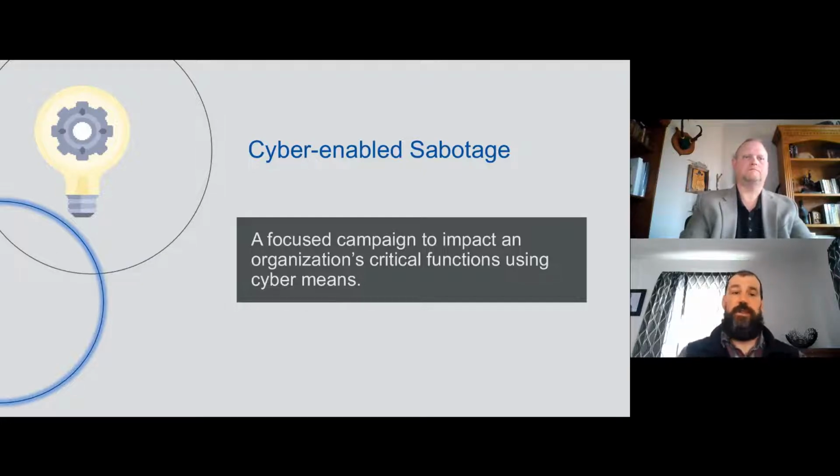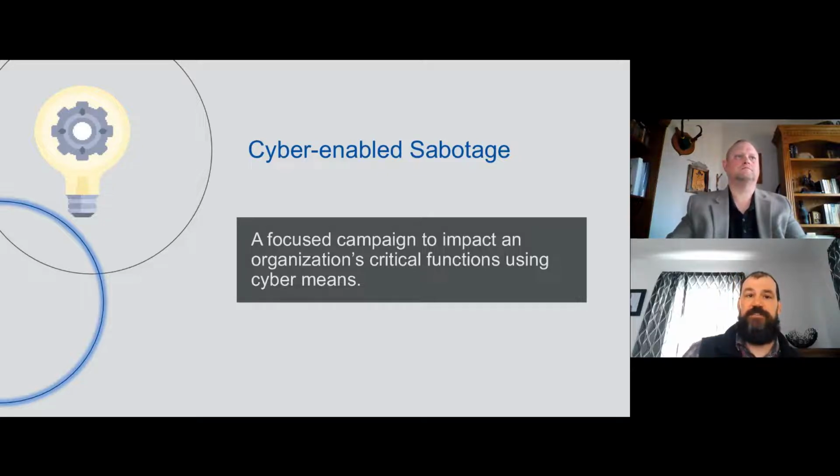So in Ukraine, it's believed that the adversaries started compromising systems 6 months to a year before the actual events, in order to gain the access and the information they needed in order to have the kind of effects that they did.